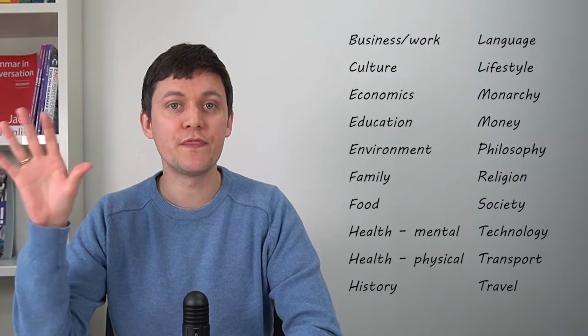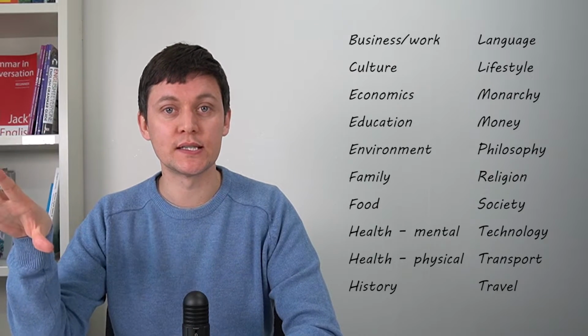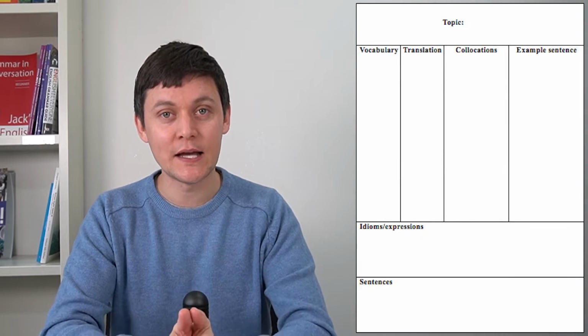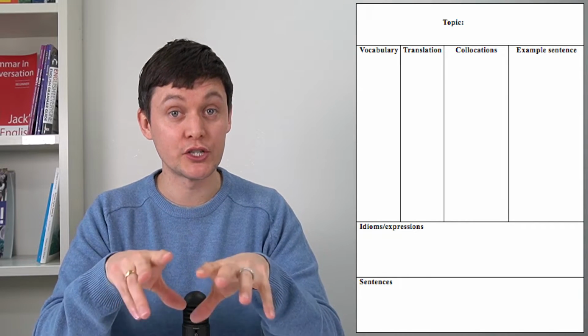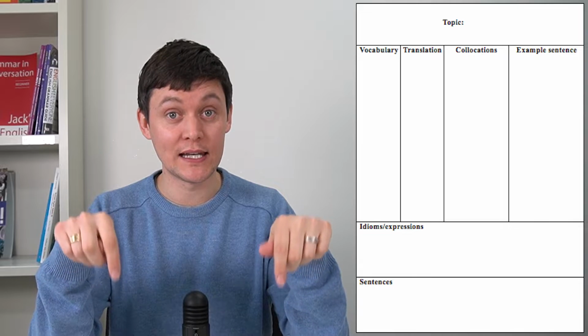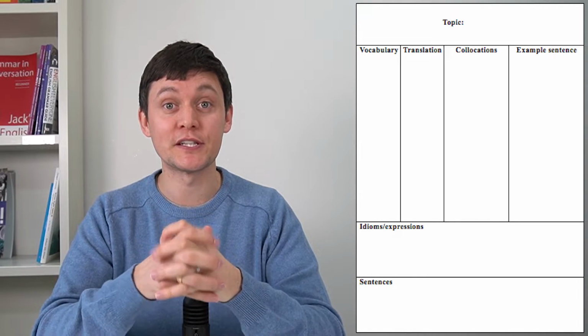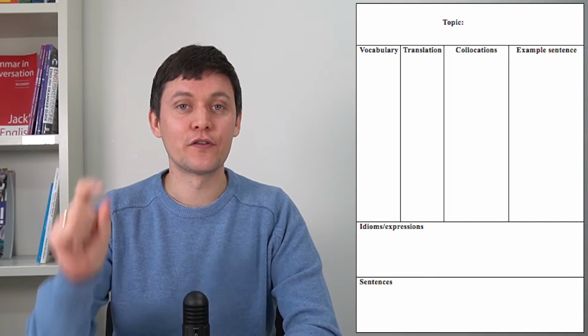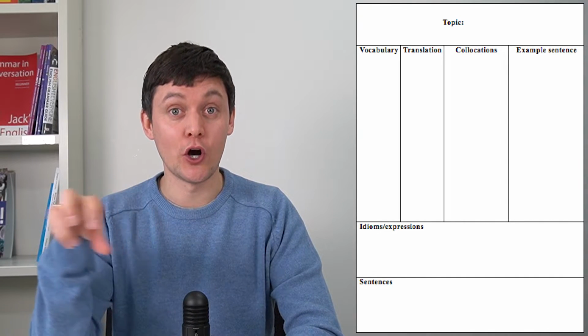Now, with this list, we need to use this for my template. So here's my free gift to you. This is my template that I use with my students. It's simple, but you can find the download, the link in this video description, and please use it, make the most of it. As you can see, at the top, we need to put the topic.